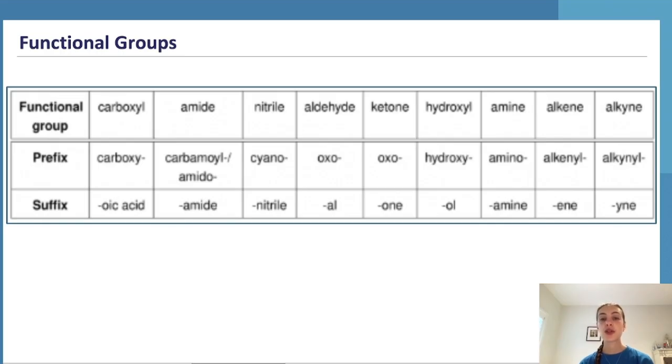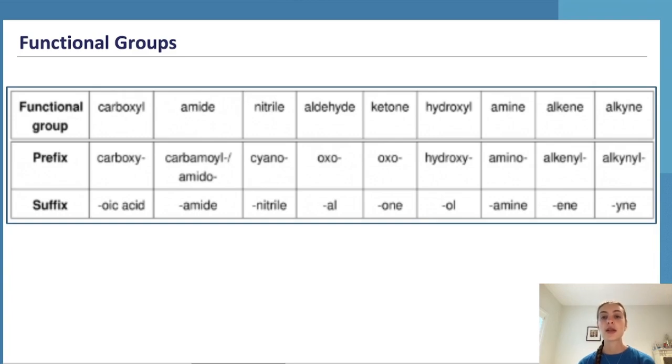For the hydroxyl functional groups, so for alcohol molecules, we're typically using the suffix of -ol. However, there are lots of complex alcohol molecules, and so the prefix of hydroxy is actually used quite commonly when the hydroxyl group is a lower priority functional group.